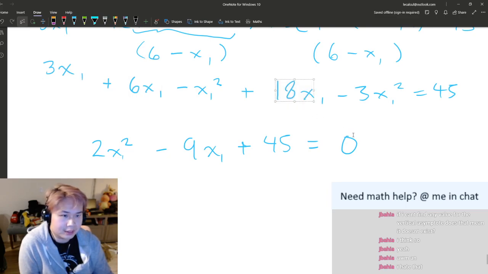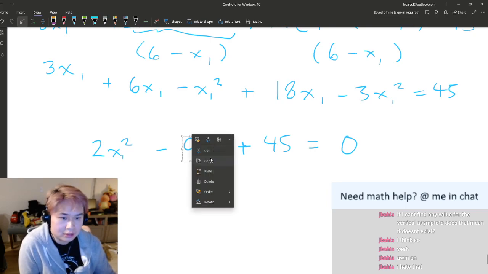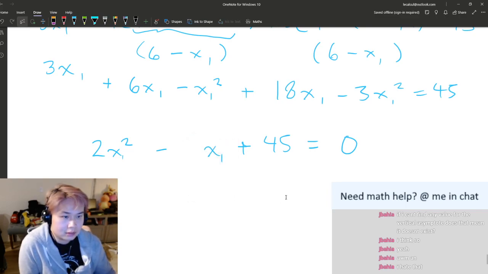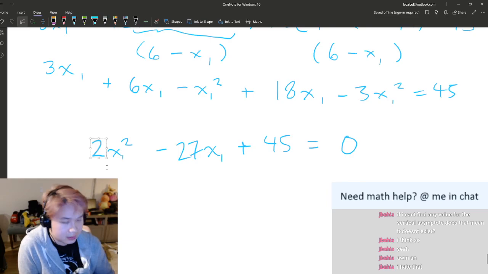Oh, oops, I forgot about this one. 9 plus 18 is 27. So that should be 27x1. And it's negative because I moved it over here. And then I just swap the sides. And then this one and this one. Oh, those make 4. So this should be 4.